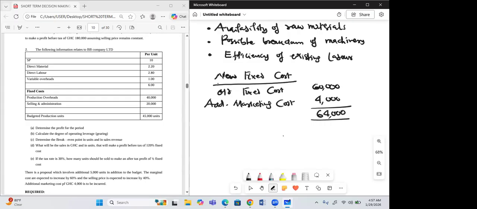Then contribution per unit. You also get a new contribution per unit.